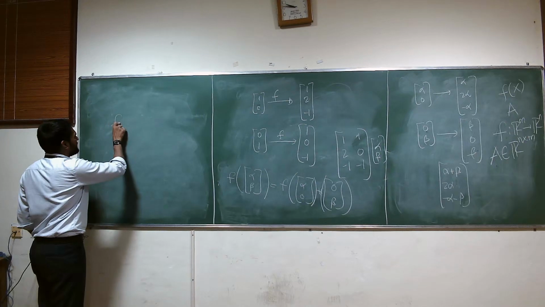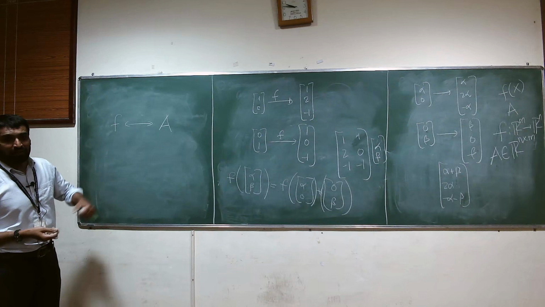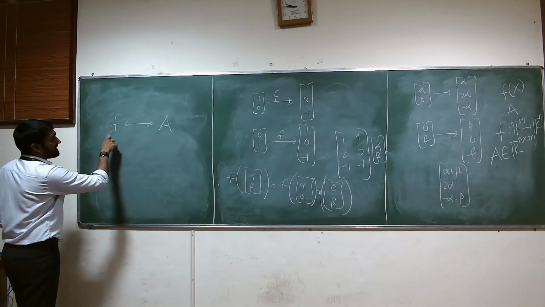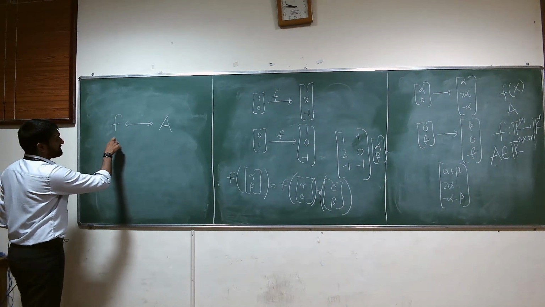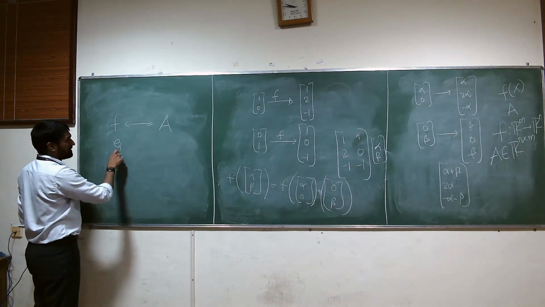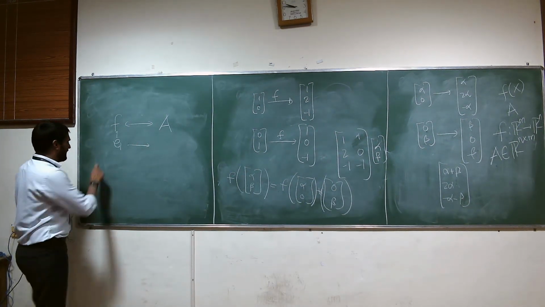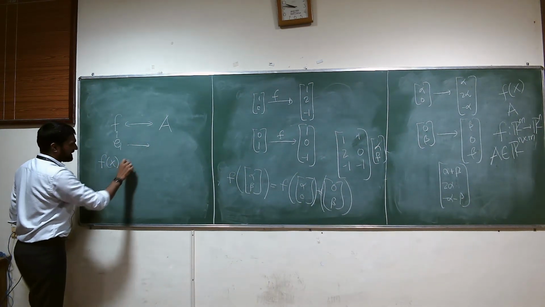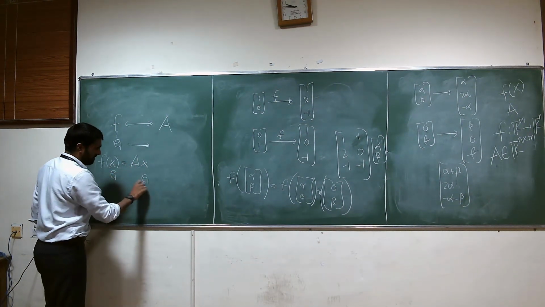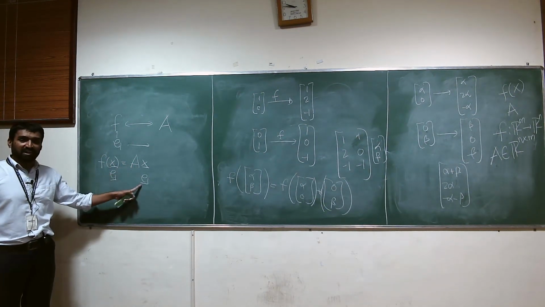Here, f I'm saying is equivalent to the matrix A. I want to know the elements of matrix A, right? If I pass on E1 to the function f, what will I get out? Well, I'm saying f of x equals Ax. What will happen if I pass E1? What will I get when I multiply A by E1?